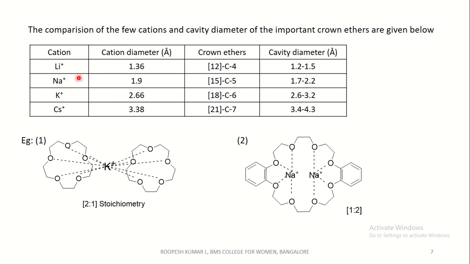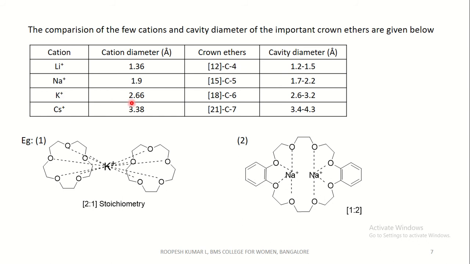That is, this lithium ion can easily fit into this crown ether, because its diameter of 1.36 fits exactly between these two numbers. Whereas the sodium ion has a diameter of 1.9 Angstrom, which fits into the 15-crown-5, which has a cavity diameter of 1.7 to 2.2.